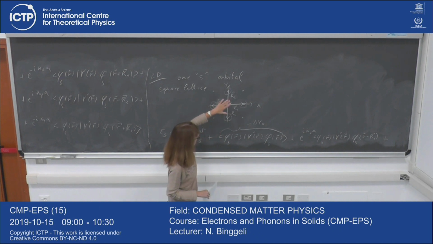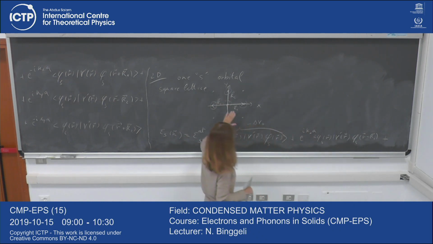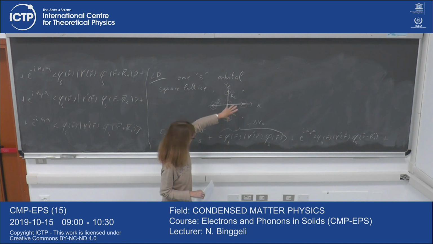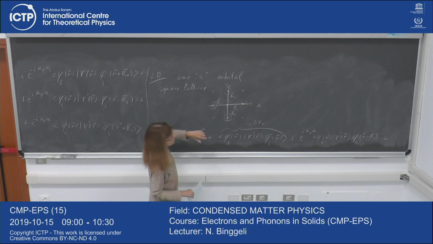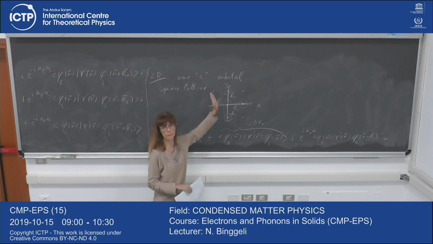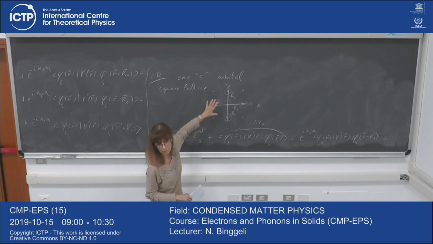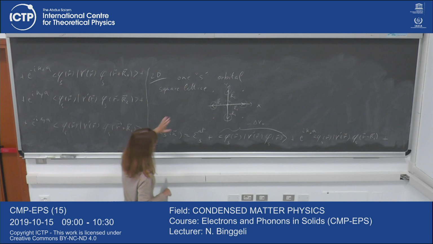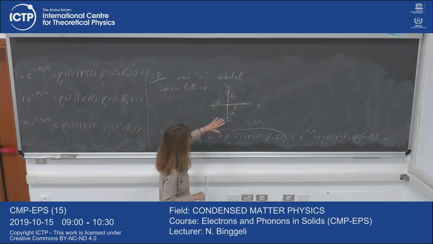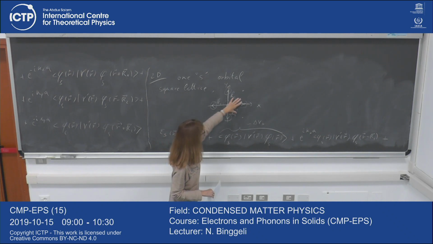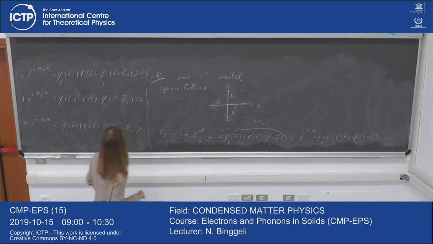So if I calculate this matrix element, this function times the crystal potential and I integrate, I will get exactly the same thing if I take this function and the crystal potential, because there is a reflection symmetry. I have exactly the same potential on each side by reflection. It's invariant under reflection, and the matrix element I will get will be exactly the same for these two atoms, and they will be also the same for these atoms.